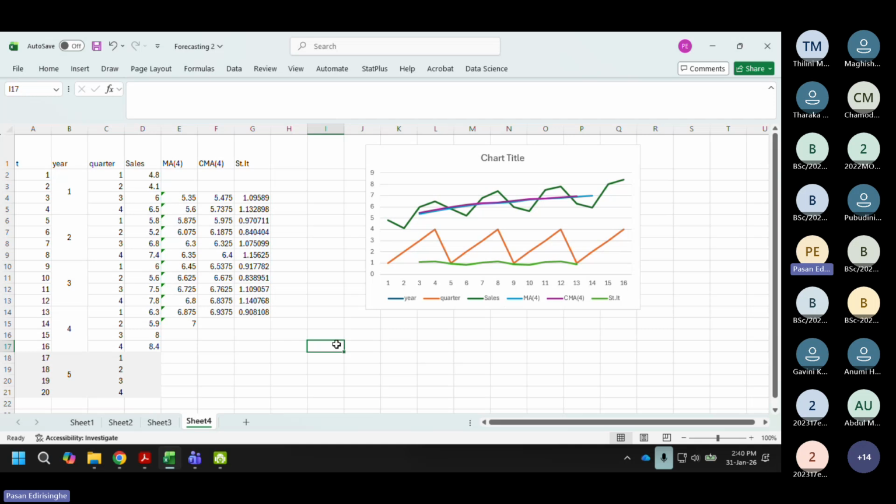So the light blue color one is included in the purple color one.